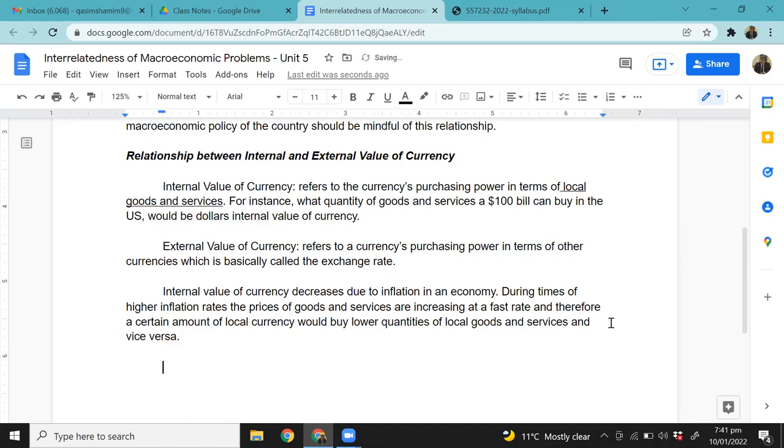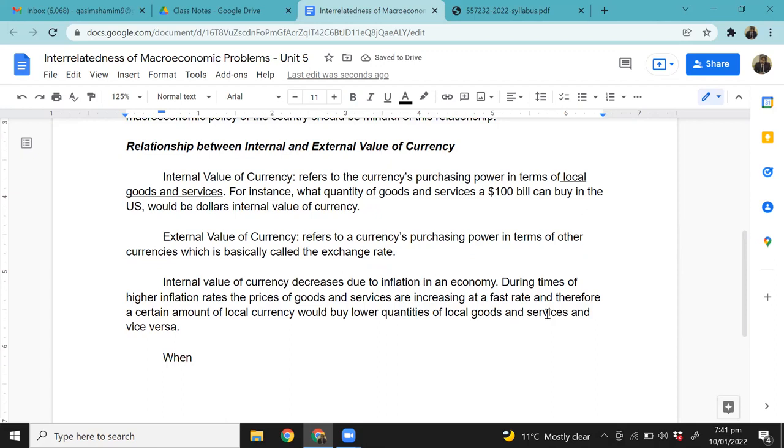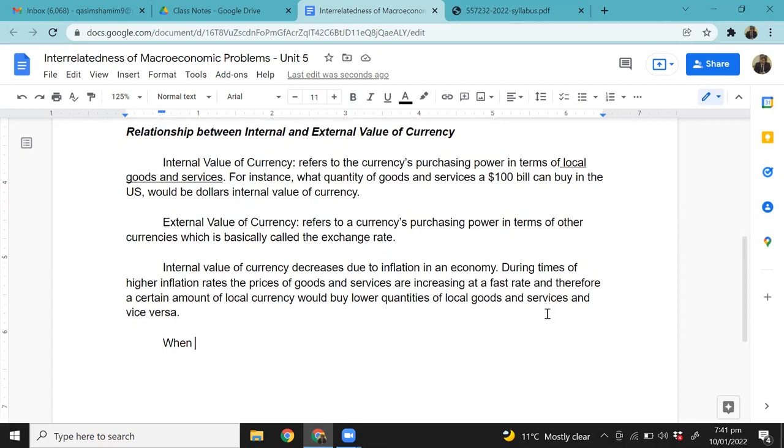Okay. Now, how will this affect your external value of currency, right? When products of the country are becoming expensive, would it be able to export more or less? Preet, what do you think? When a country's inflation rate is high, which means its goods and services are becoming more expensive, then you tell me whether that country's demand for exports would be higher or lower.